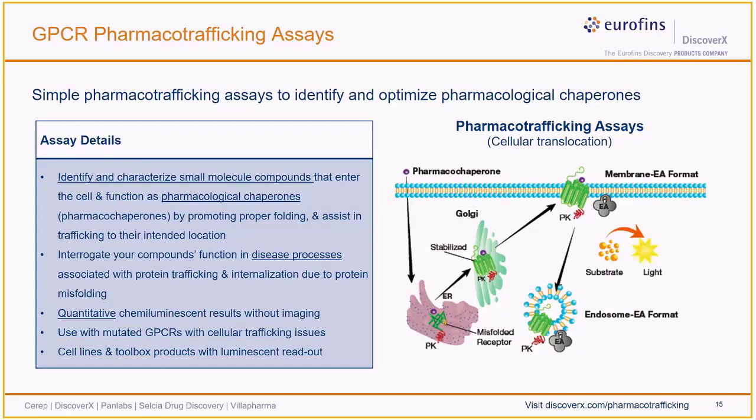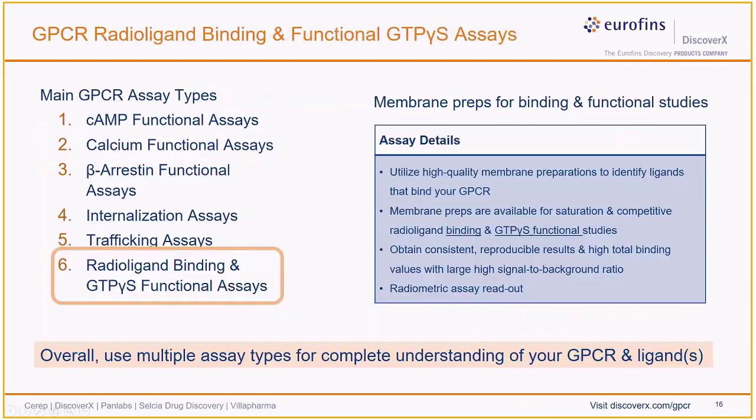So this can be used as well. This uses the EFC technology, so you have all the wonderful benefits of that technology, and you can look at detecting antagonists, agonists, and allosteric modulators just like the other ones. And what's nice about these as well is, like the arrestin ones, we do have toolbox products for you, so you can create your own pharmacotrafficking type of assays, just like the arrestin ones, etc.